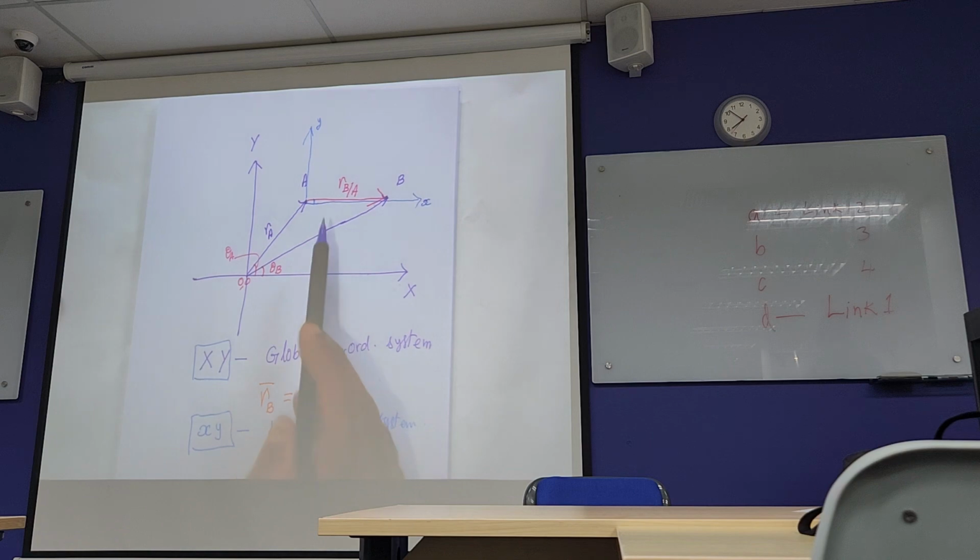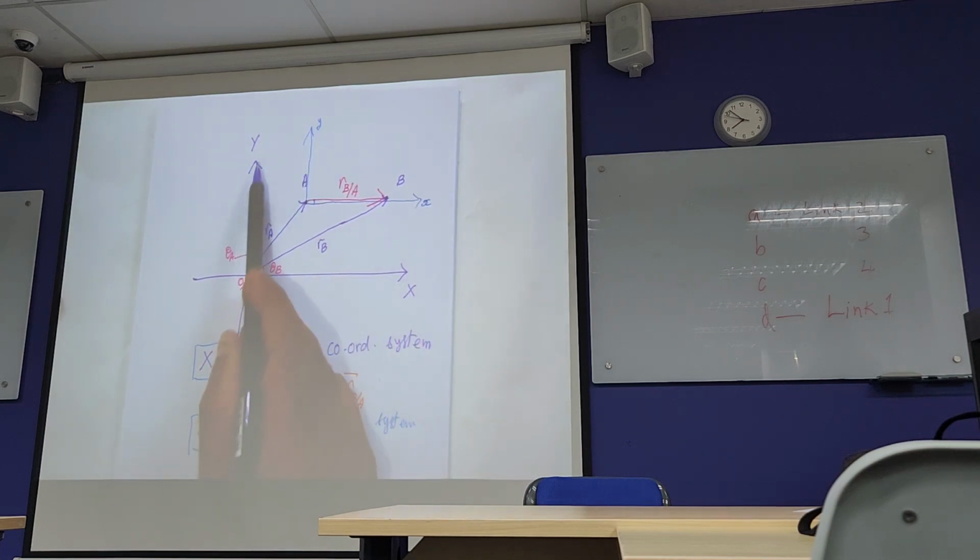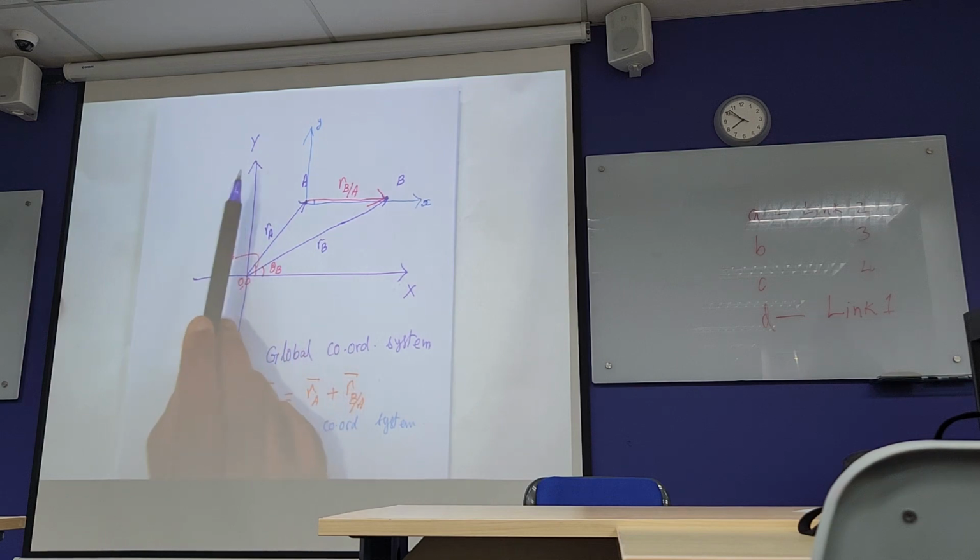We need to make sure that the local small x is parallel to the global coordinate axis x, and similarly, y is parallel to the global coordinate y.